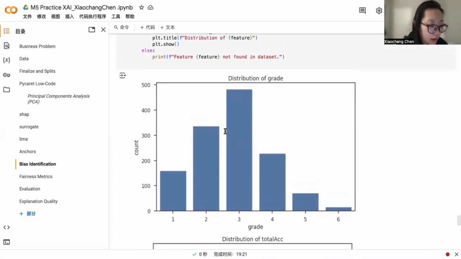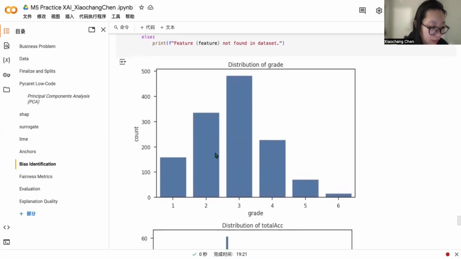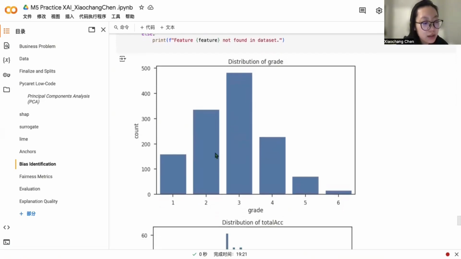When we looked at loan approval by credit grades, we saw something troubling. People with the highest grades, which is 6 to 7, had a 40% plus approval rate. Those with the lowest grades, which is 1 to 2, less than 10%. This suggests our model might be unfairly rejecting lower credit borrowers, even if they could still be financially responsible.